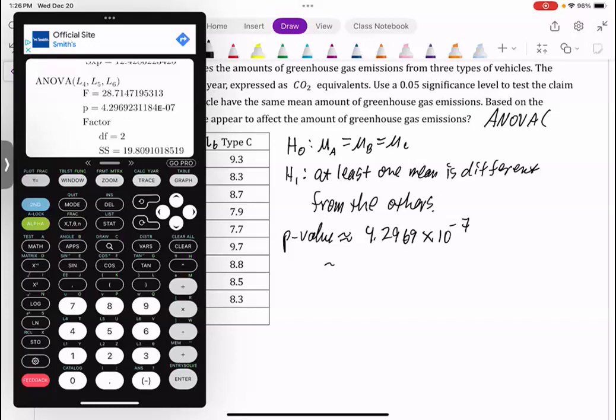Here's what this actually means: 0.00000042969. So you move that decimal point to the left 7 places and you get here. And in my opinion, this is about 0. And it most certainly is less than our alpha.